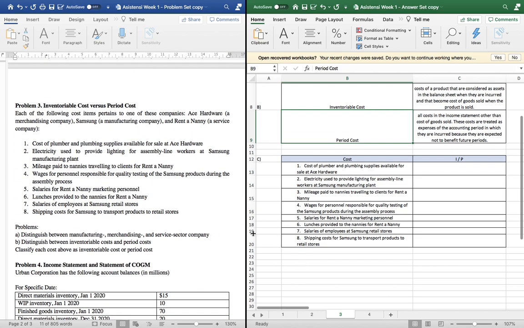And then the last one, we are asked to classify the 8 costs here, whether they are inventoriable costs or period costs.